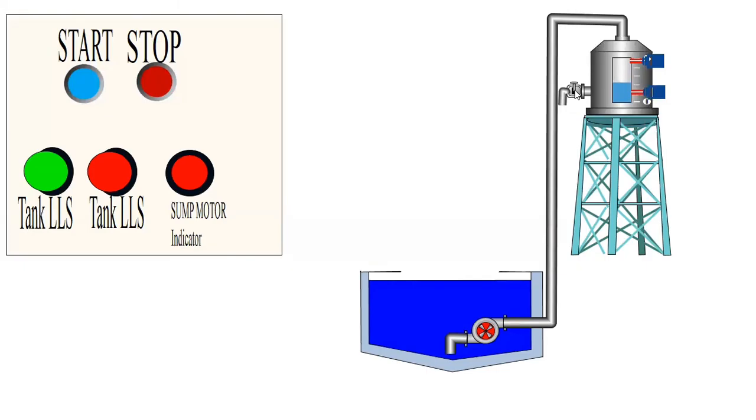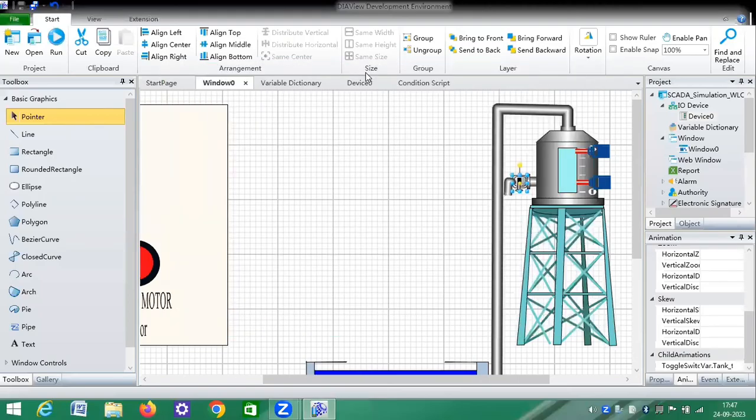When the water goes below the low level sensor, the motor turns on again. Now I'll stop this. It has to be turned on because I have written a script there.